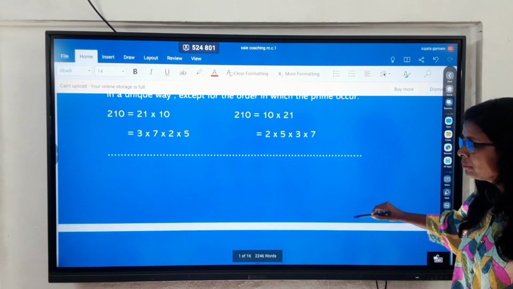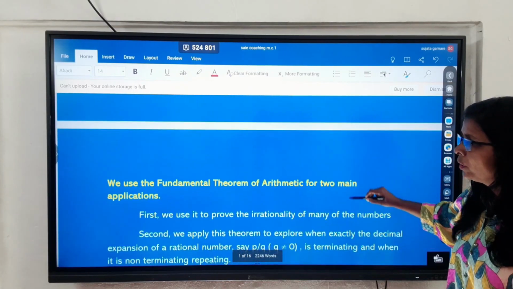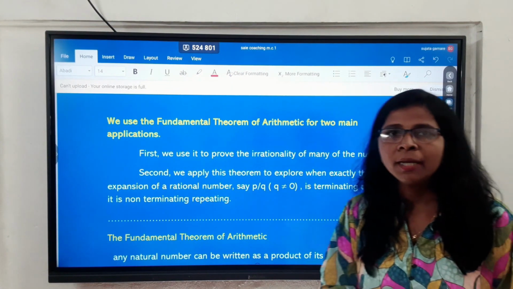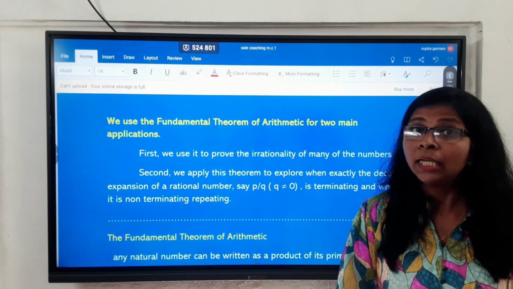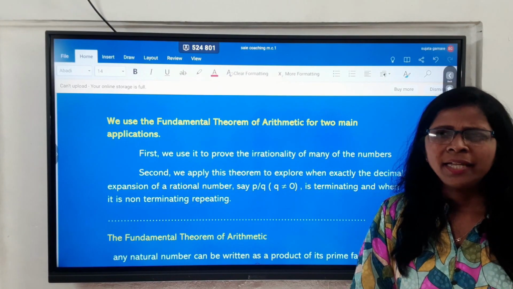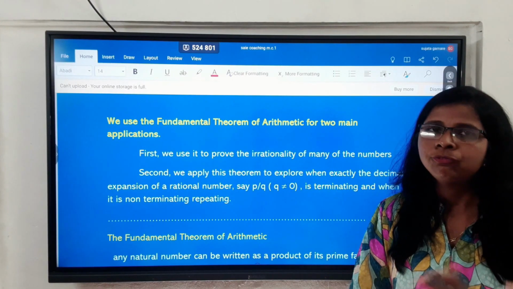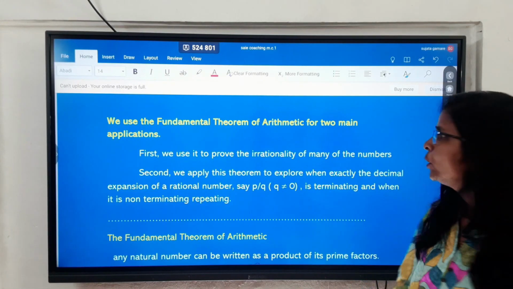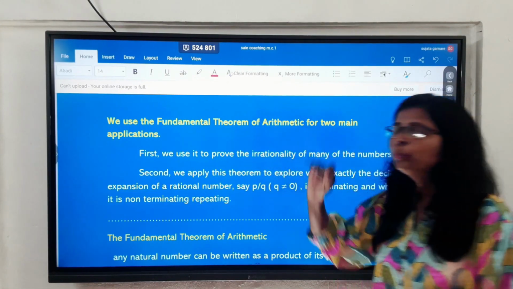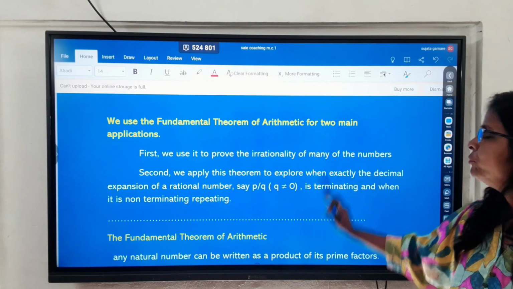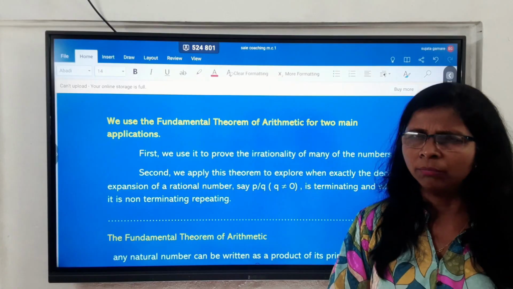Then come to the application. Where is the fundamental theorem of arithmetic applicable? There are only two applications. First, this theorem is applicable to prove the irrationality of many numbers.